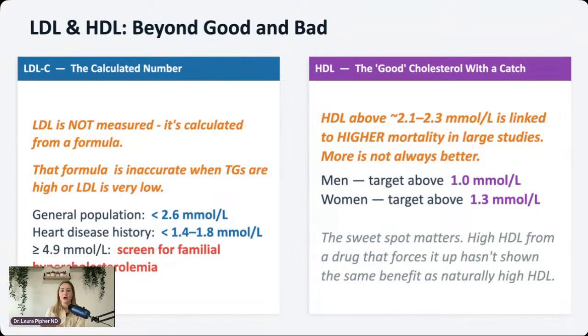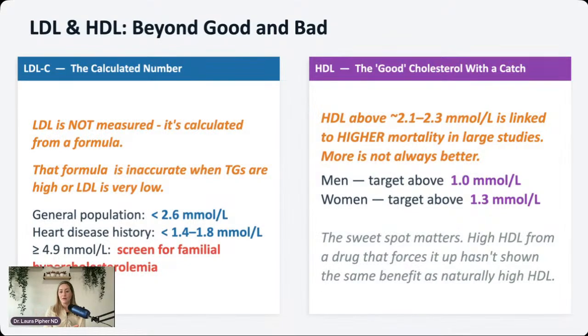Now we have HDL. This is primarily the good cholesterol, but there is a little bit of a catch to that, because when we look at research, we see more is not always better. There is a sweet spot. So high HDL, there was a study that looked at HDL. There was a drug that basically forced HDL to increase.